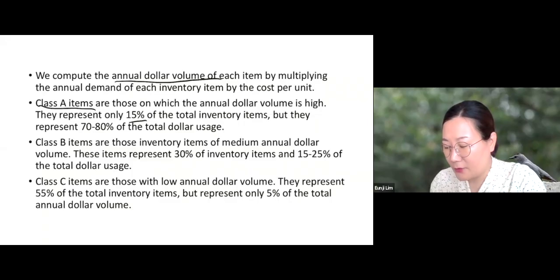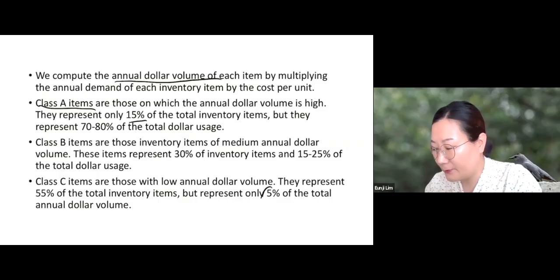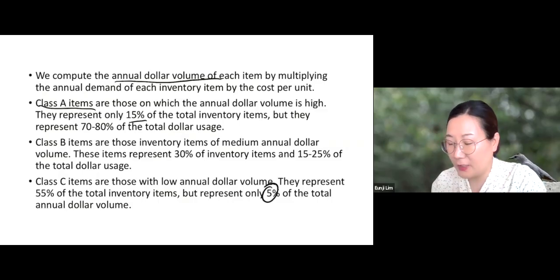Class B items are those inventory items of medium annual dollar value. These items represent 30% of inventory items and 15 to 25% of the total dollar usage. Class C items are those with low annual dollar volume, and they represent 55% of the total inventory items, but represent only 5% of the total annual dollar volume.